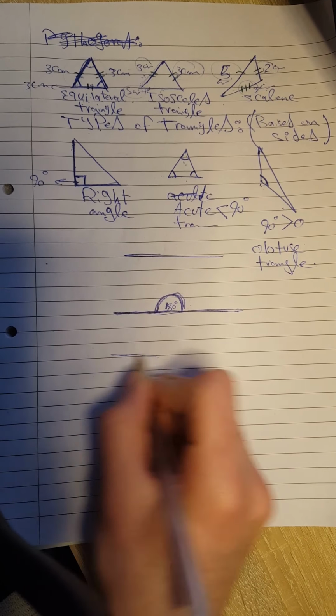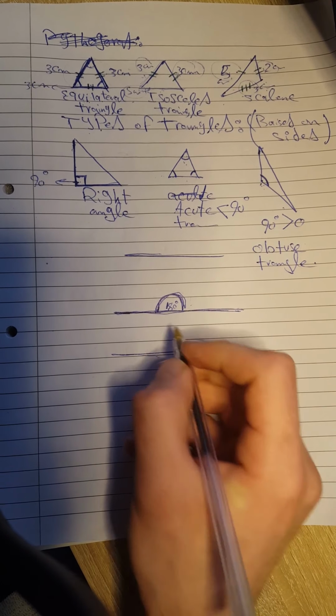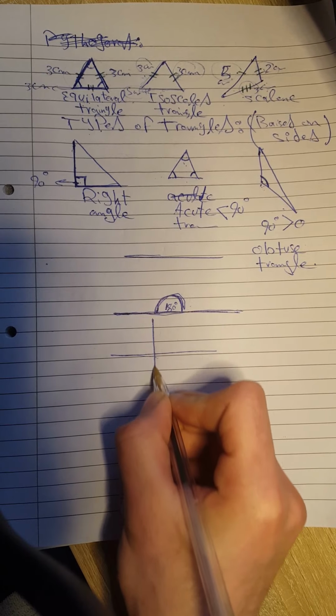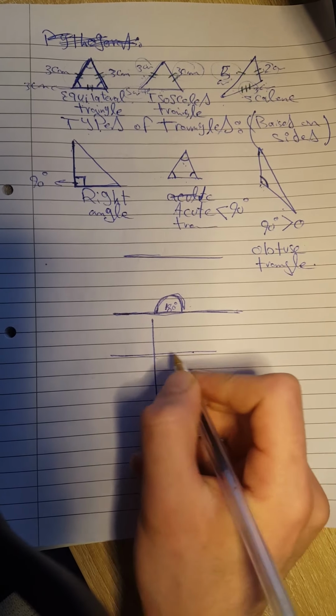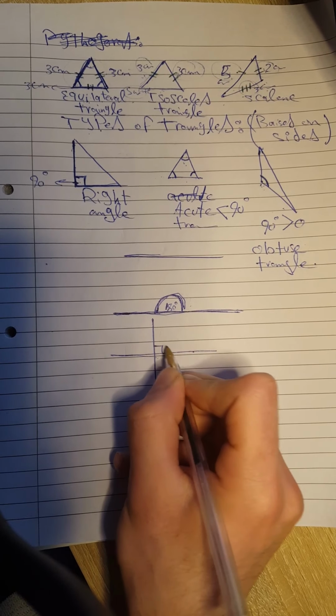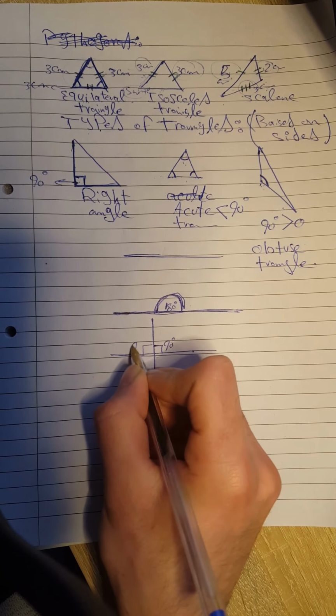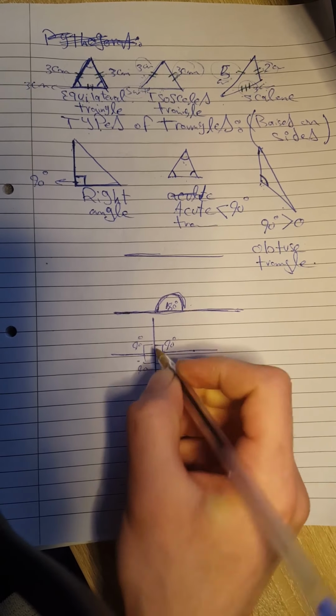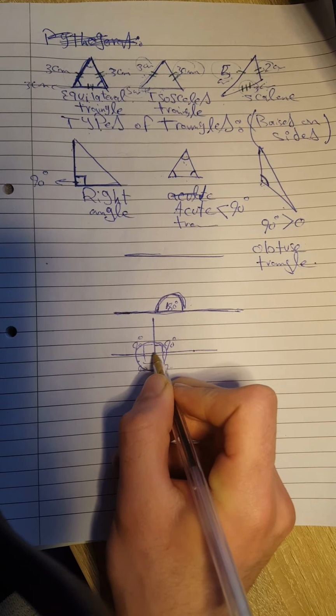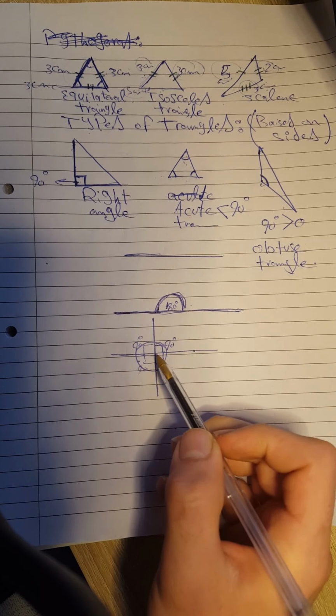So what if I have a straight line but another line cuts it perpendicular to this line? In this situation, I've got 90 degrees in here, 90 here, 90 here, 90 here. So this one gives me a circle, 360.